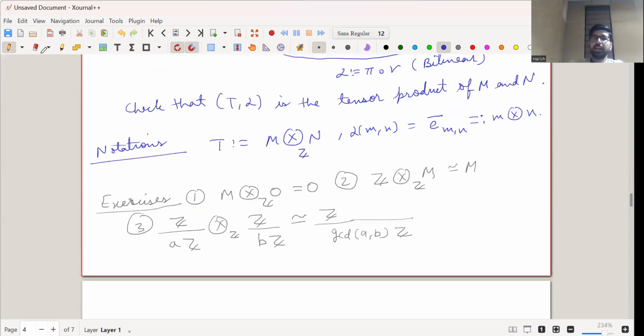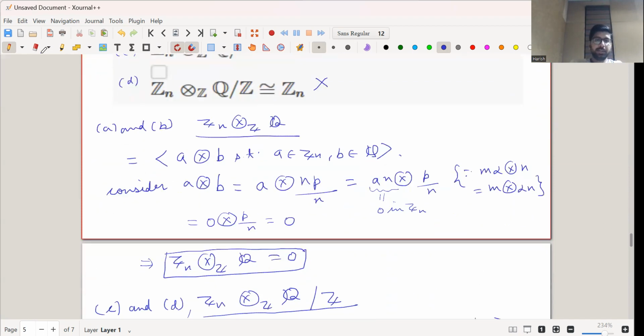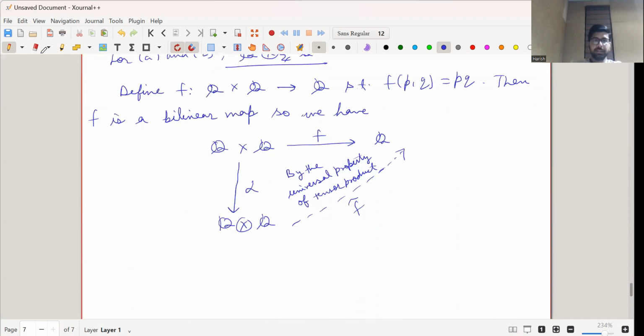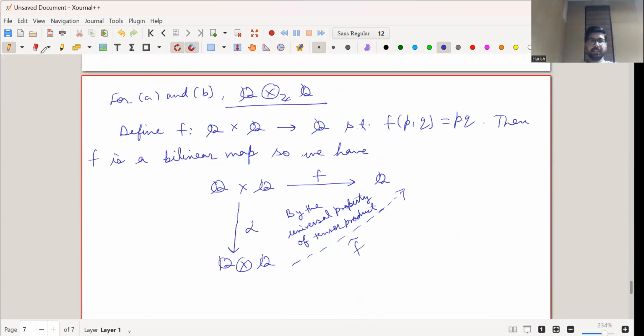Because the tensor product exists, we don't know whatever it is, but it exists, and this map is bilinear. Let's say it is Q tensor Q over Z. From here to here, there should be a linear map, F delta, such that F is F delta composed with alpha.